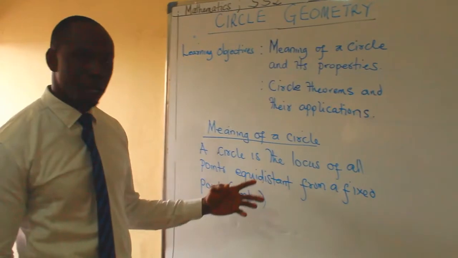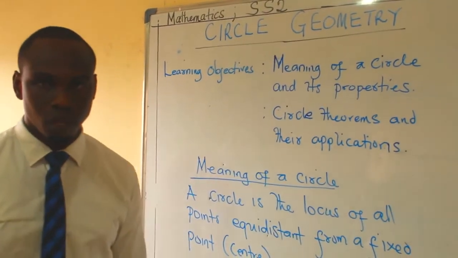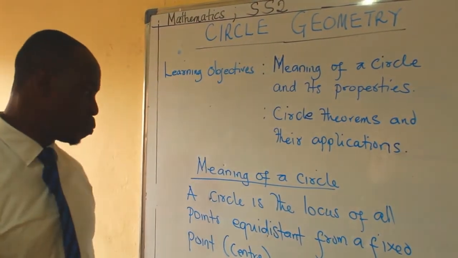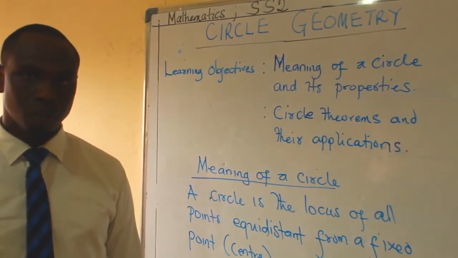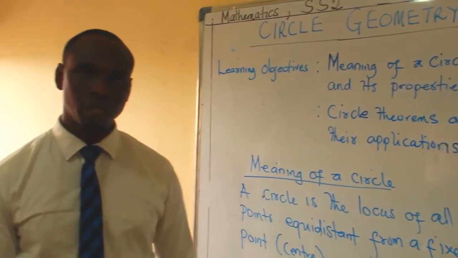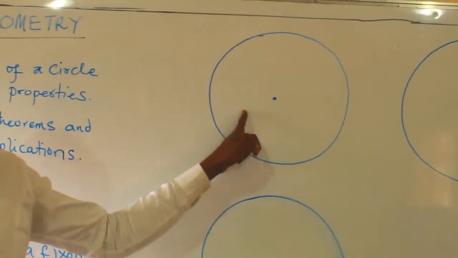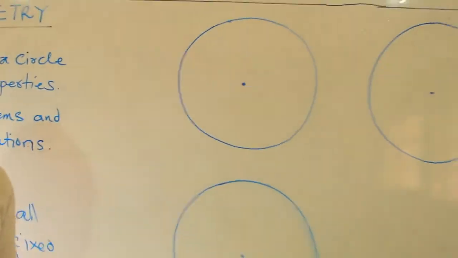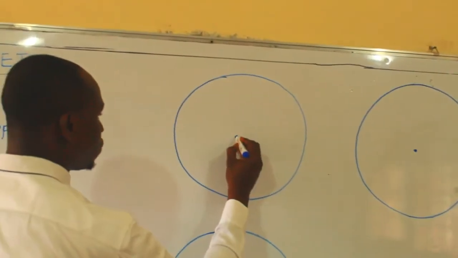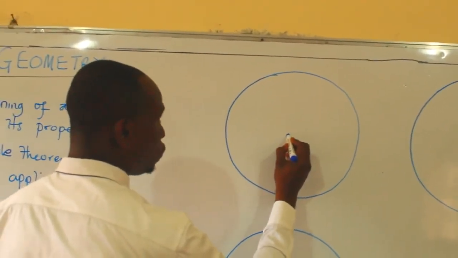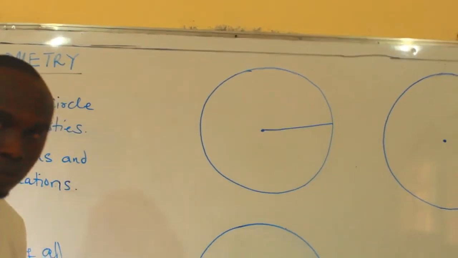So we have to go ahead and understand some features or properties of a circle. The first property we'll be looking at is a radius. I have circles drawn here, and the centers of the circles are dotted.